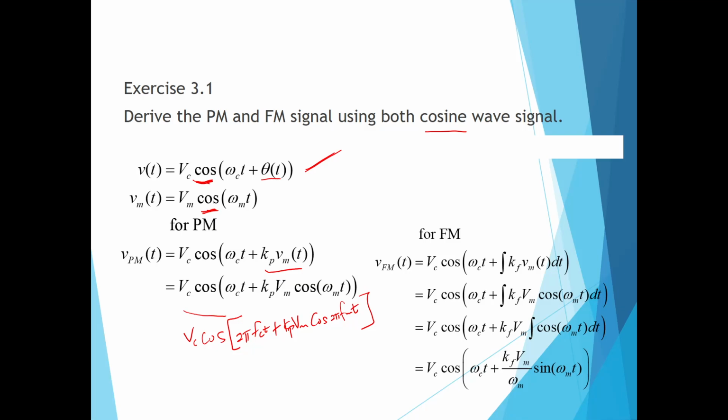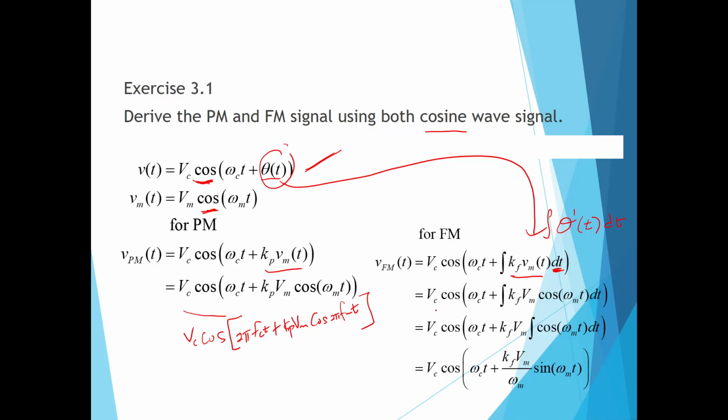For the frequency modulation equation, it equals vc cos omega ct plus the integral of kf vmt. We need to change theta t to become the integral of theta prime t dt, where theta prime t is kf vmt, integrated over time dt.